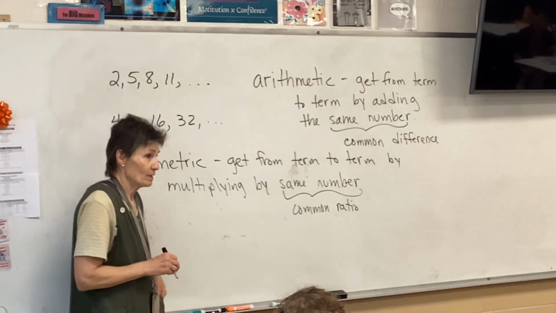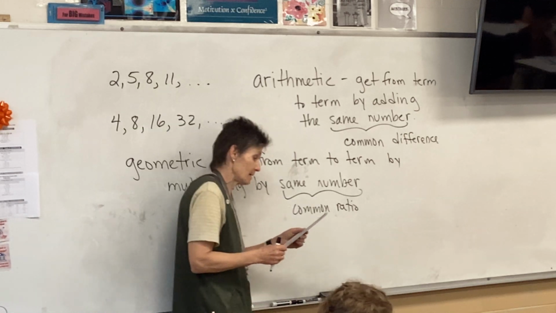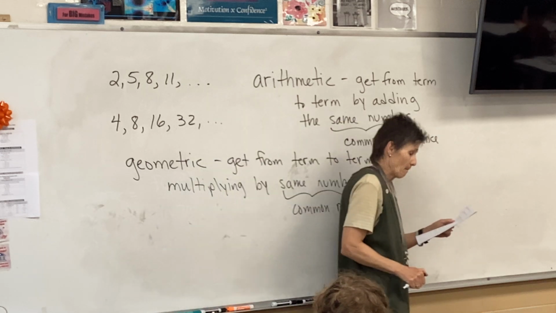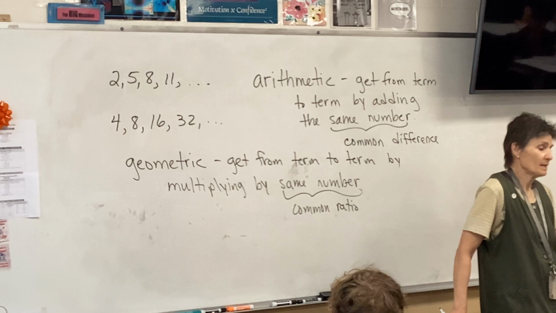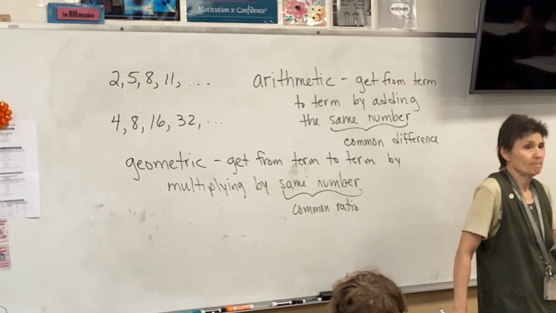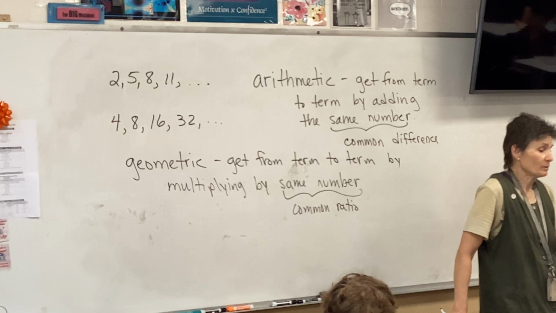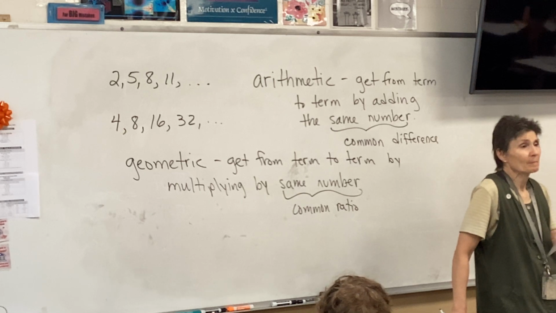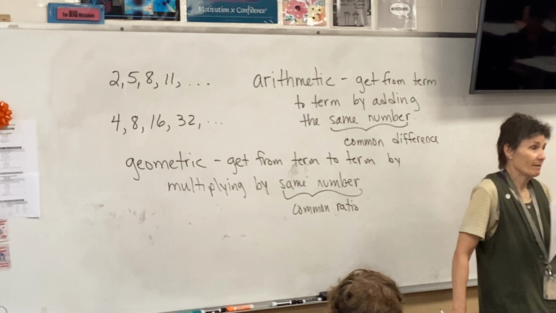All right, everybody good with your definitions? Here we go. Number 1A. What do you think about number 1A? Geometric. What are we multiplying by? We're not multiplying by 2. We're multiplying by 1/2.